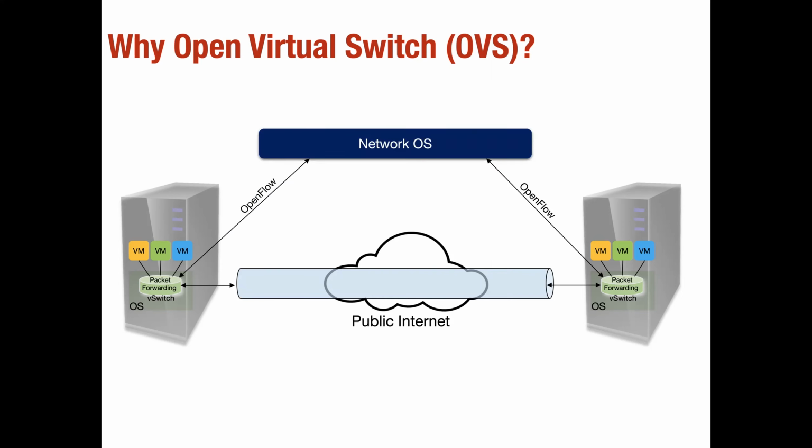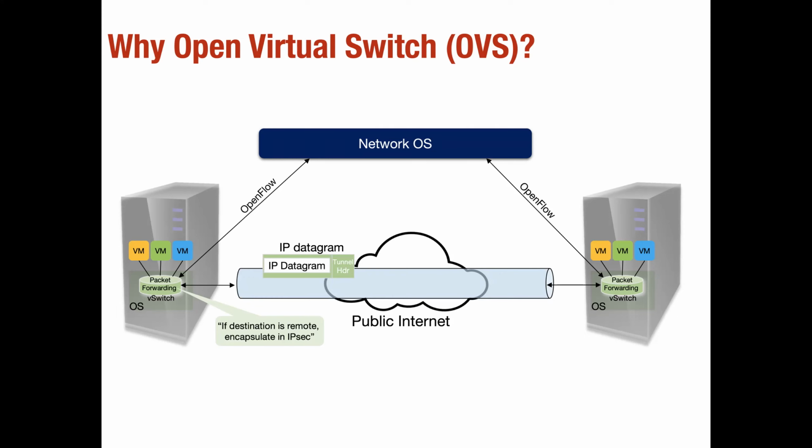So what we can offer here is that we can use a network operating system that manages this entire set of devices, and it can use OpenFlow to configure that if the destination is remote, then encapsulate this packet using IPsec.